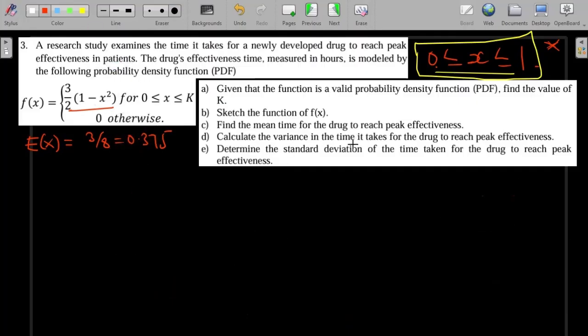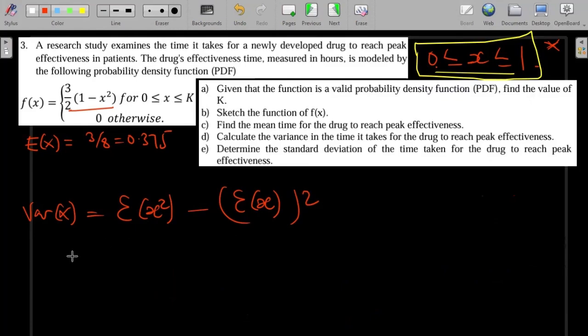They're saying calculate the variance in the time it takes for the drug to reach its peak effectiveness. So we know that the variance of x is equal to the expected value of x squared minus the expected value of x, all squared. So let's find the expected value of x squared.